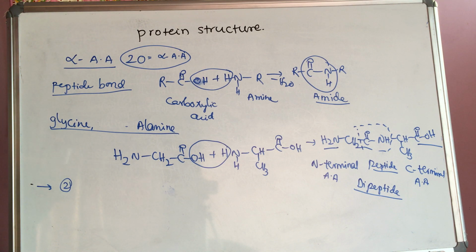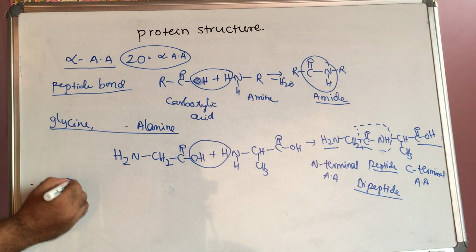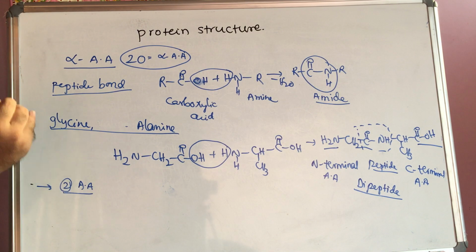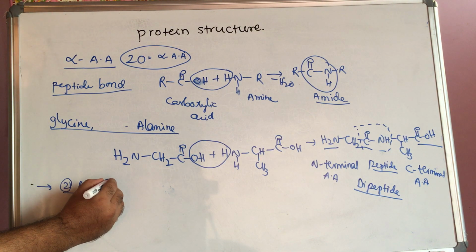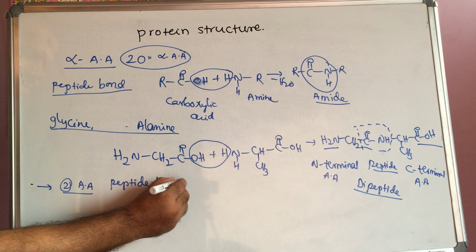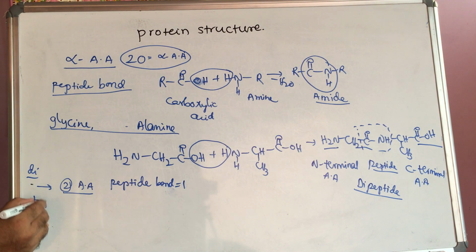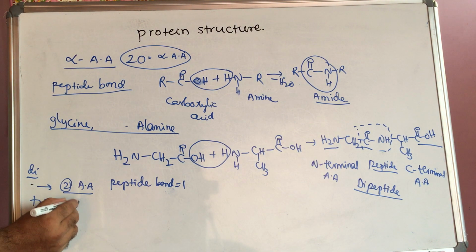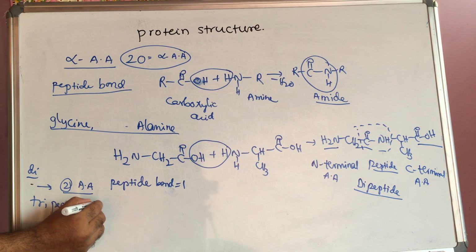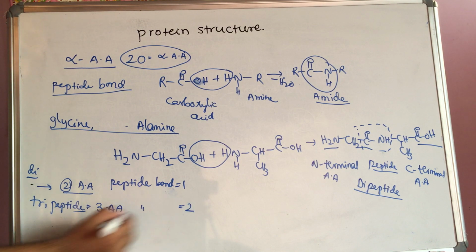Sorry, dipeptide means 2 amino acids but 1 peptide bond. Amino acids are 2 but peptide bond equals 1. This is for dipeptide. If tripeptide, then amino acids are 3, peptide bonds equal 2.